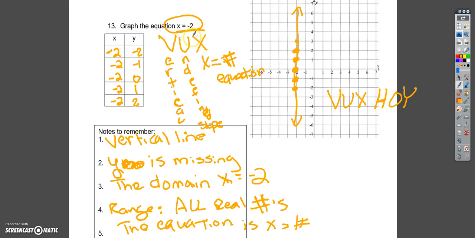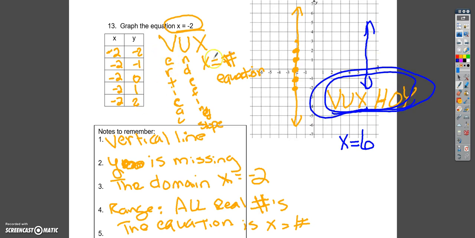If they give you an equation, then you can go, okay, x equals equation, vertical line. Y equals equation, horizontal line. Or if they give you a line, you know that a vertical line is an x equals equation, so we know that this is x equals 6. So this is just an easy way for you to remember how to graph those equations.